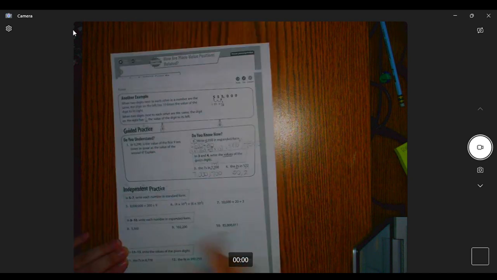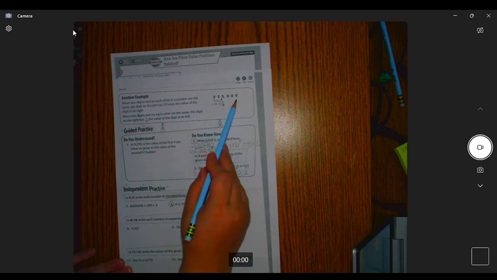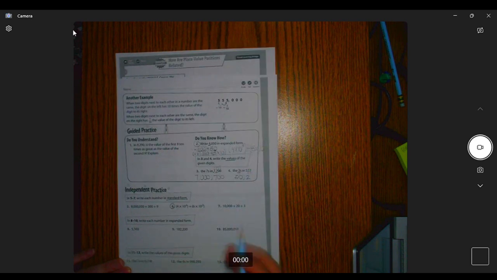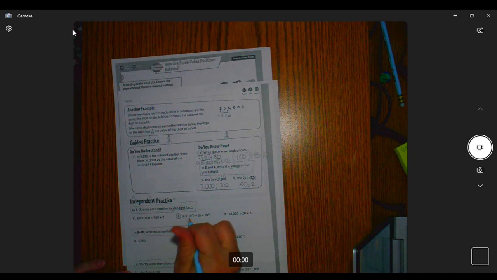I want to look at number 6 because they used expanded form with exponents. So this says to write it in standard form. Standard form means just as I would read a number. So 4 times 10 to the 4th, how many zeros am I going to have? Right, it's 4.